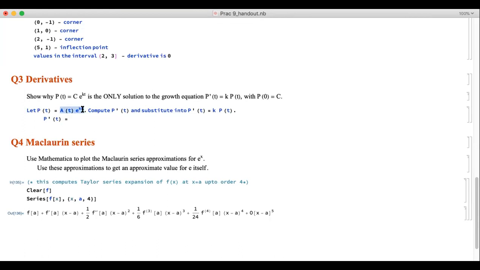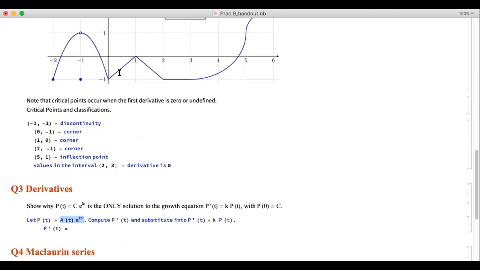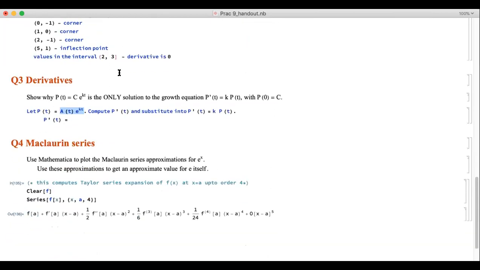Okay, what sort of rule do you use to find that derivative? Chain? There is chain rule also.